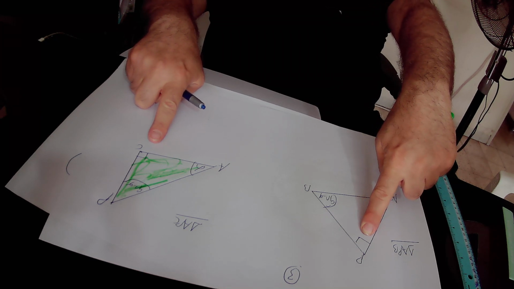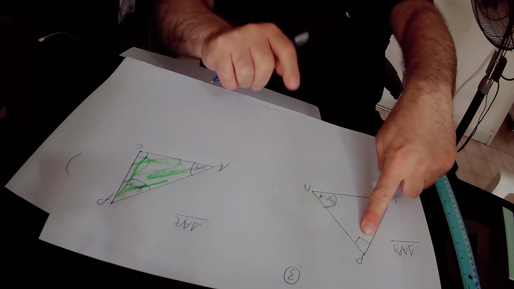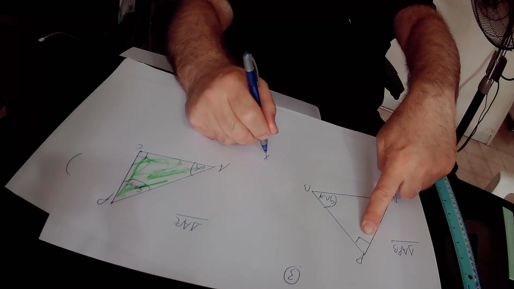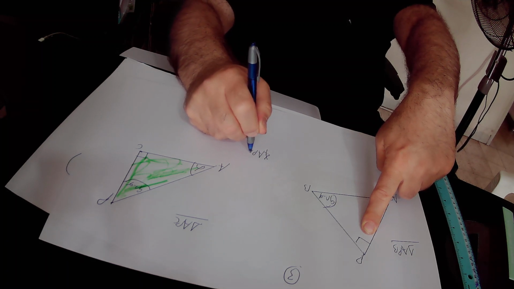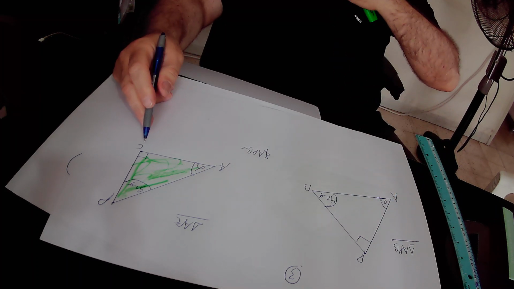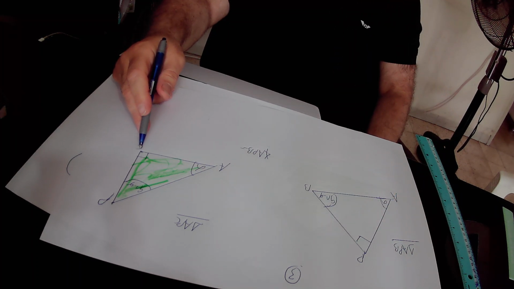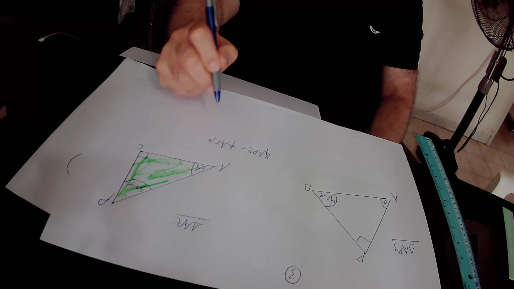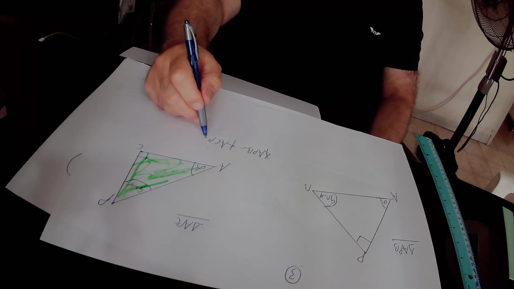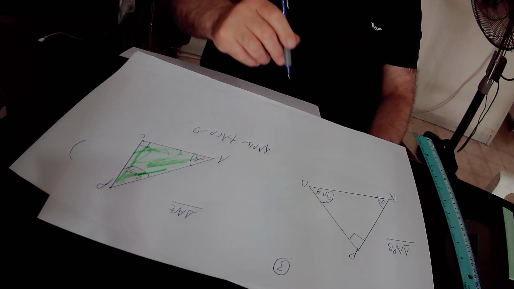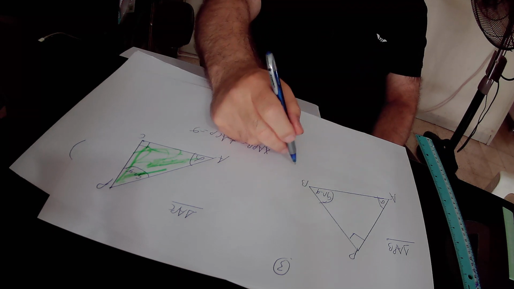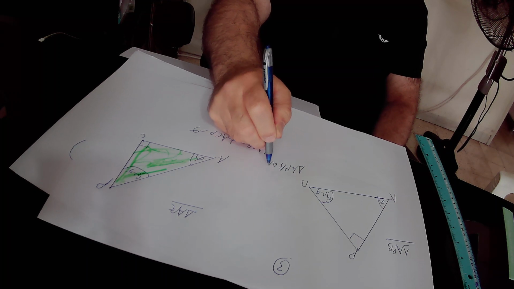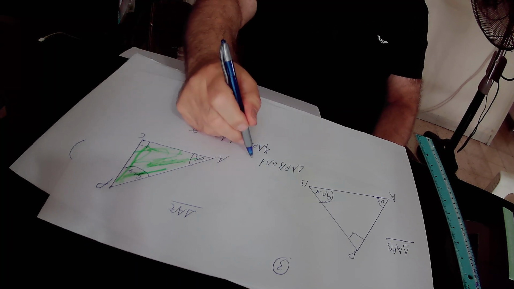So actually this is angle APB, and this is equal to this angle, angle ACP in the green triangle. So actually proving that this right triangle APB is similar to this green triangle, triangle APC.